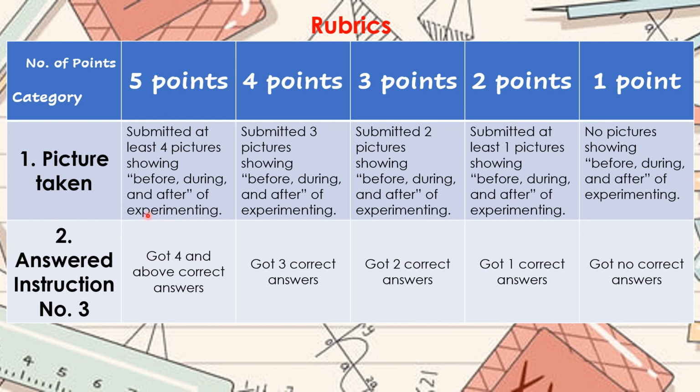Kailangan sa 4 pictures na yun, makita yung before, during, and after. 4 points naman kung 3 lang, and again, kailangan makita yung before, during, and after. 3 points naman kung 2 pictures lang ang kaya mong isend, so pwedeng before, during lang, during, after, or before, after.